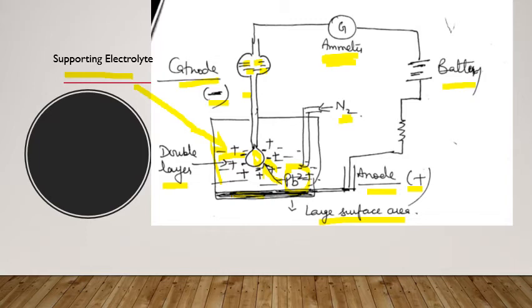Nitrogen is passed. The supporting electrolyte is used, which forms the double layer over the mercury drop and causes the migration current, which is nullified by taking a larger amount, and which allows your analyte to diffuse. When this reaction takes place, the current is observed.